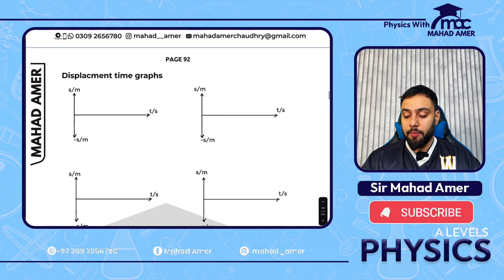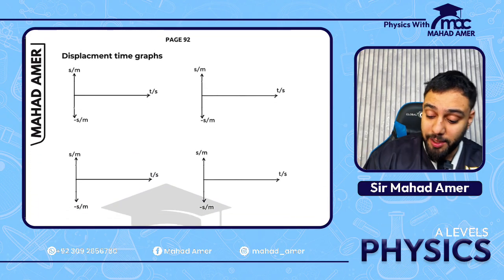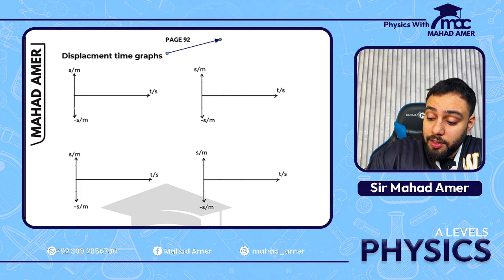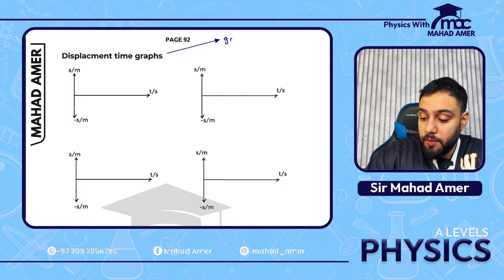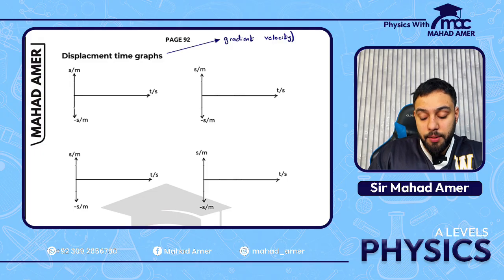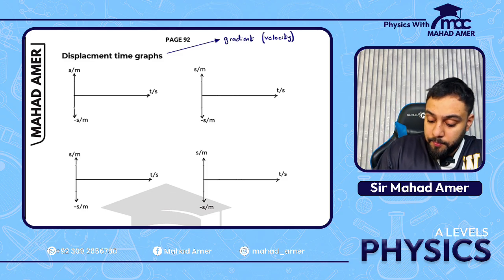First of all, we'll be coming to the displacement time graph, and we are going to be understanding what displacement time graphs are. The gradient of the displacement time graph gives us velocity.